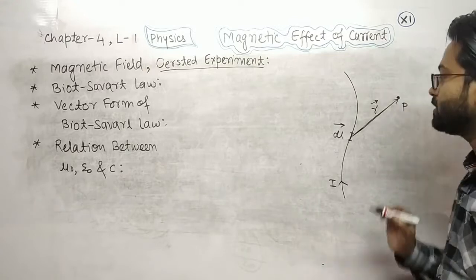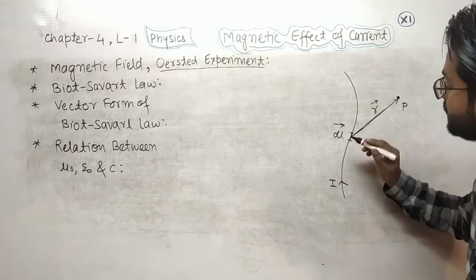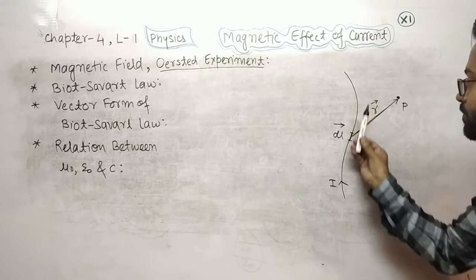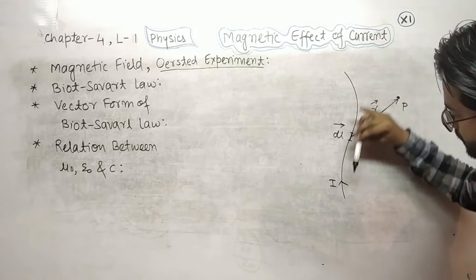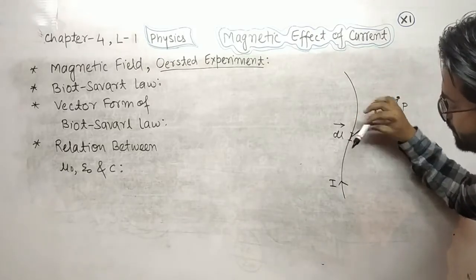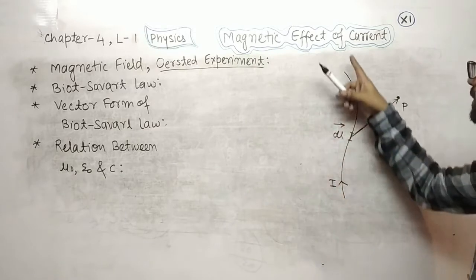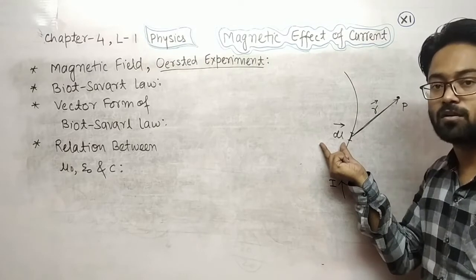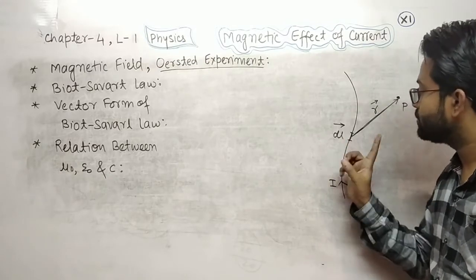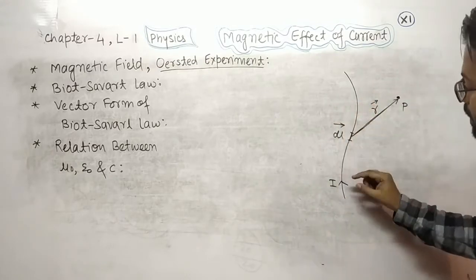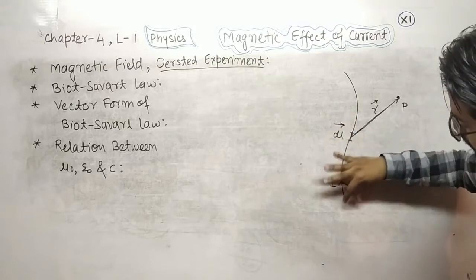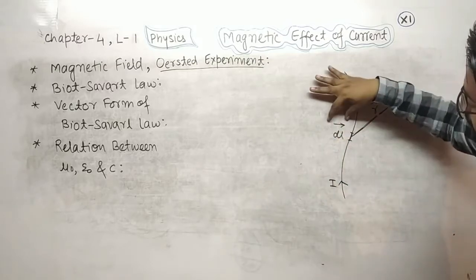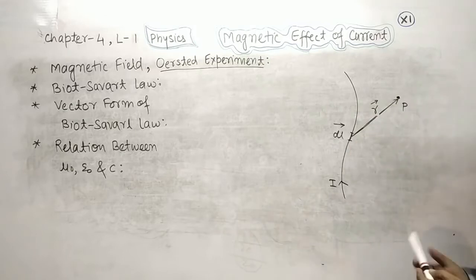The direction of dl is in this direction, because current is flowing in this direction. If we reverse the current, the element direction will be reversed.